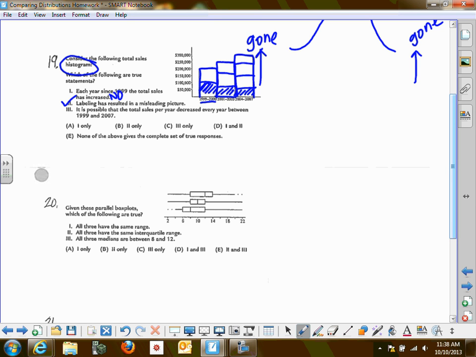It was largest here, then it was a third as much, so they actually did decrease. So this could happen. Therefore, the answer is 2 and 3. So which answer choice is it? It is E. None of the above gives the correct set of answers. I know you don't like those, but that's the way it goes.